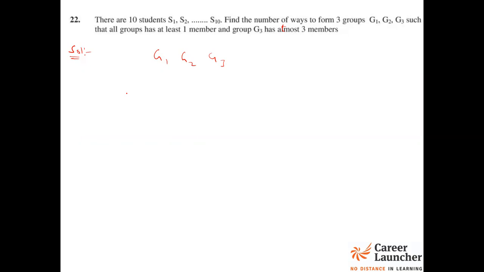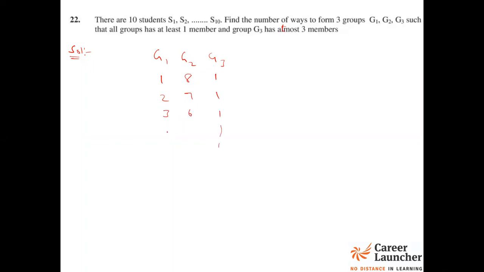Okay, see this. Let us write the different possibilities. Group 1 having 1 and group 3 also having 1, then group 2 can have 8. Next 2, 7, 1; 3, 6, 1.